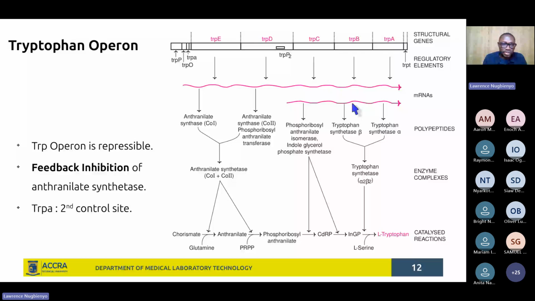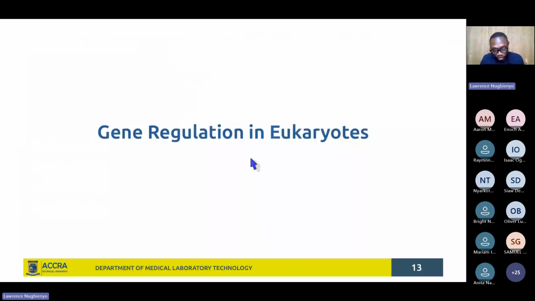So those things are also there that you can take a look at. All right, so that's the tryptophan operon. That was more complex than the Lac Operon for the prokaryotes. So we can move on and take a look at gene regulation in eukaryotes.